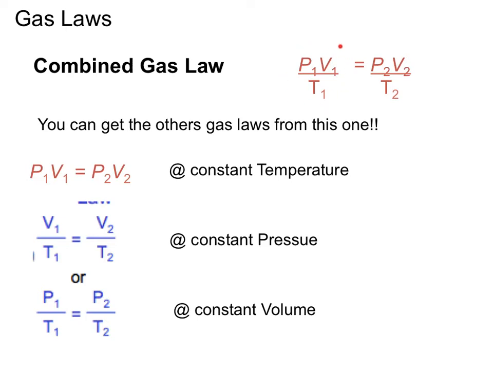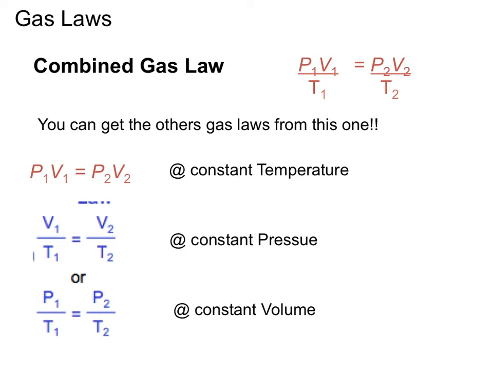So P1, V1, T1 represent the amount of gas at a specific pressure, volume, and temperature. P2, T2, and V2 represent a new set of conditions which we can compare to the original set.